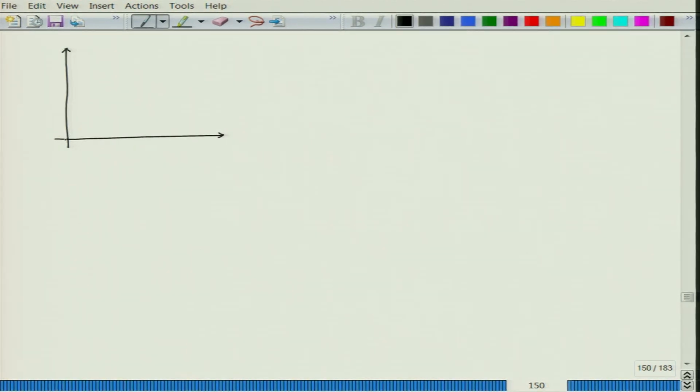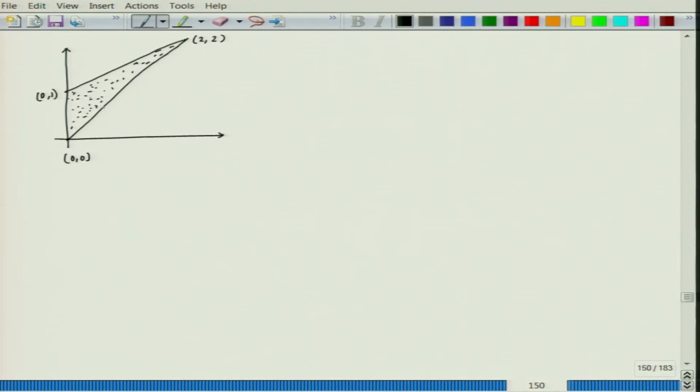So, in the x axis here is 0, here is 1, and here is 2. So, x is varying from 0 to 2, and this is the region we want to integrate on. So, y is varying also from 0 to 2.